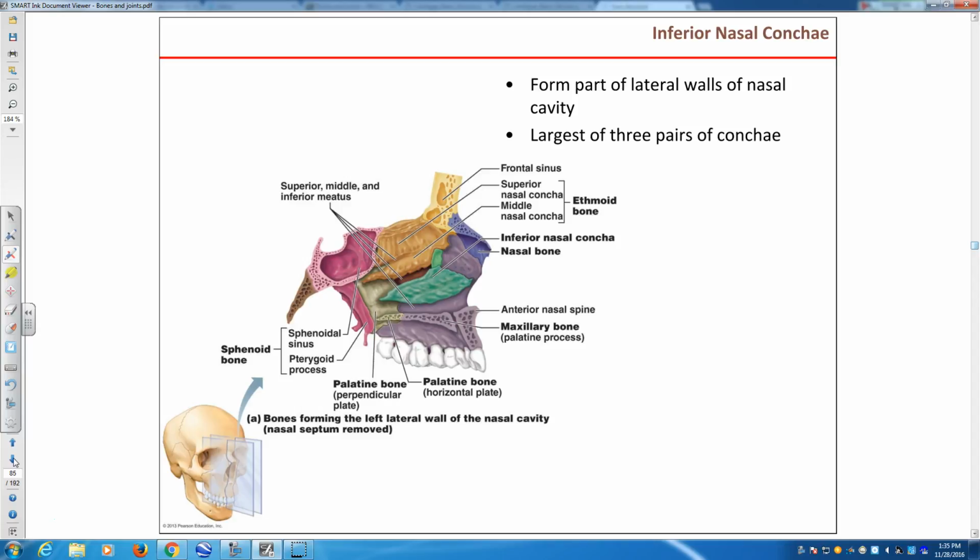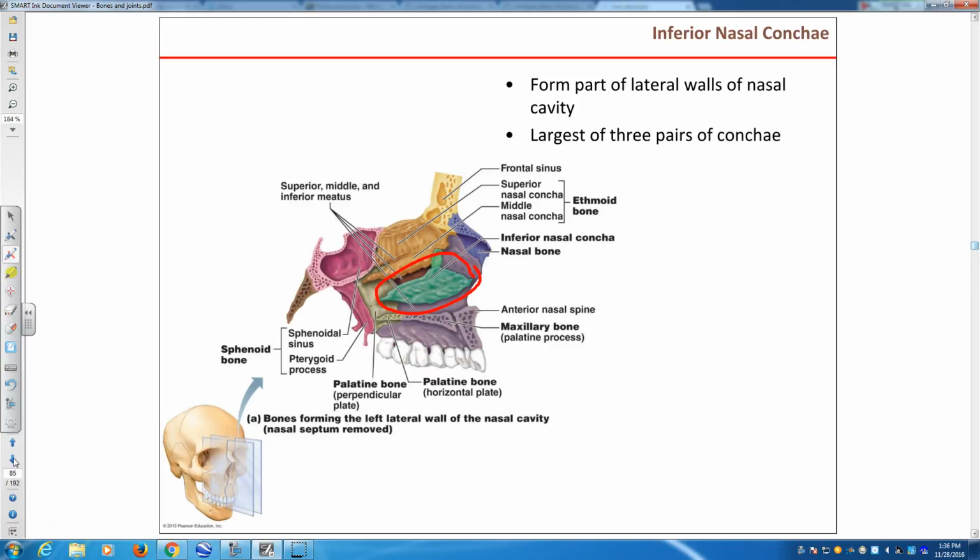And here you can see them labeled green, okay? Inferior nasal conchae. Right? Actually, if you would look down the nasal cavity, you're going to see not one but two folds. The third one, we have three nasal conchae: the inferior, the middle, and superior.